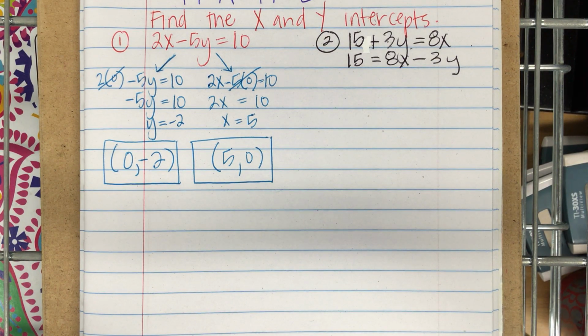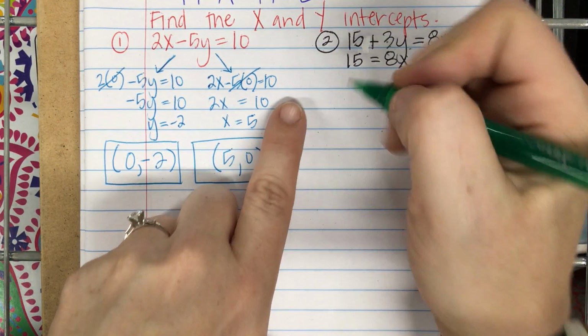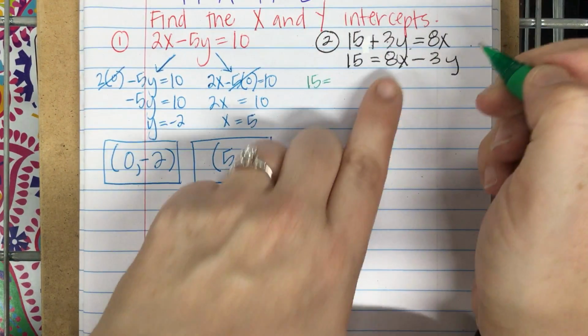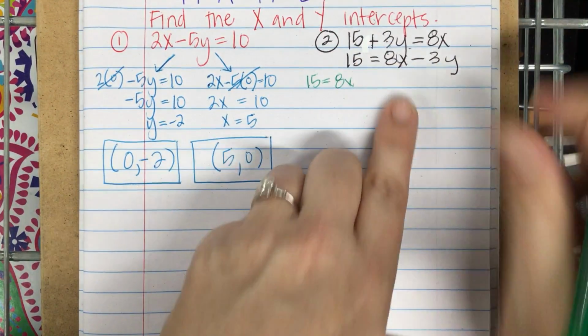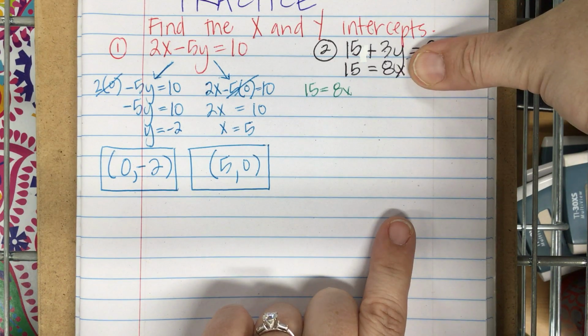Has anyone seen a shortcut that you could do without substituting 0? Like taking the time to write in a 0? Because when you substitute 0, Ellie, what happens? It just goes away. If it's written in standard form, I can just do 15 equals 8x, because this is just going to disappear when I put 0 in for it.